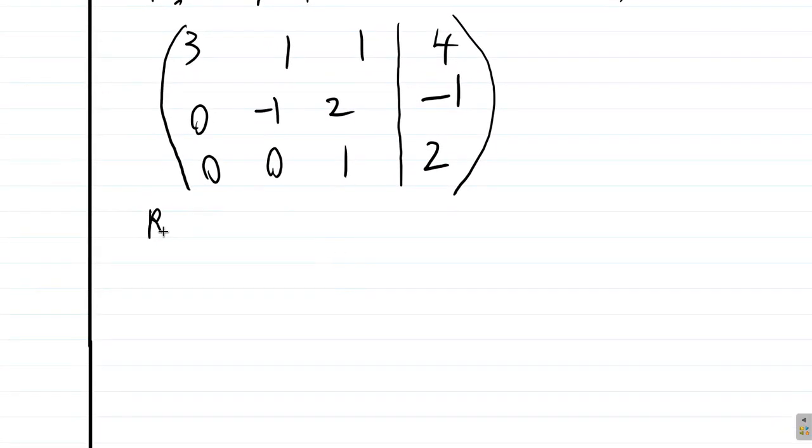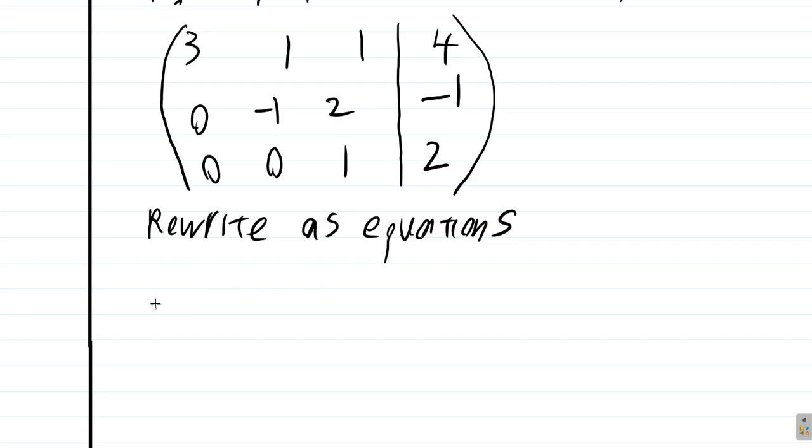So we have this matrix, and we're going to rewrite it as equations. Row 1 represents 3x plus y plus z equals 4.